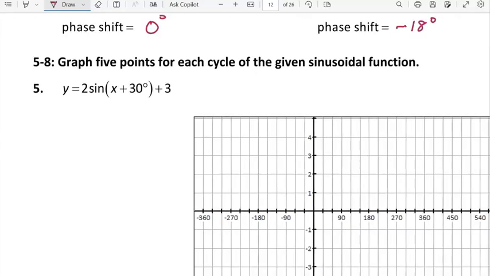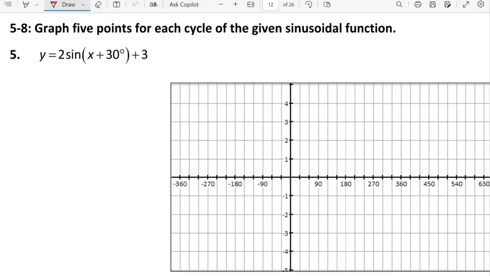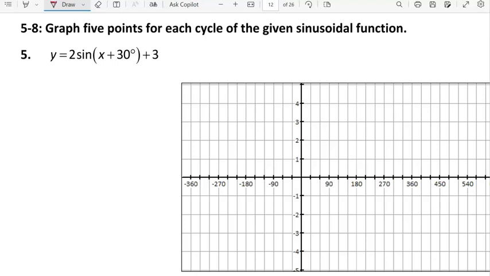All right, so for numbers 5 through 8, we're going to graph in the given grid, and we're going to include 5 points for each cycle from beginning to end. So, suggestion, let's use a new origin approach. The new origin takes into account the translations horizontally and vertically.